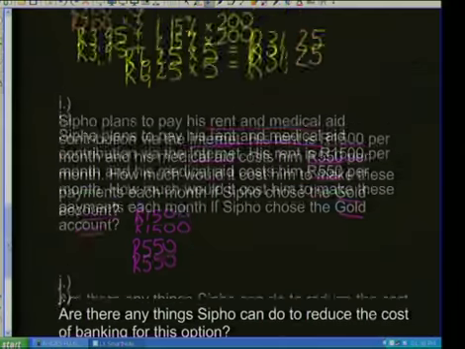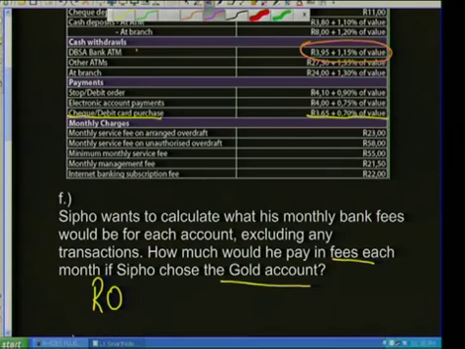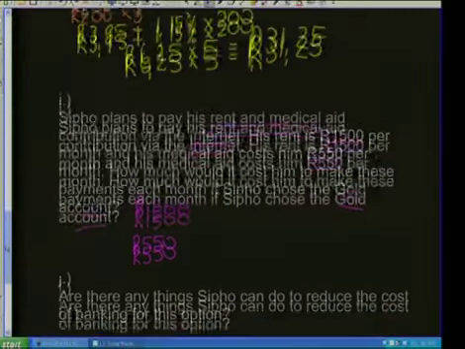So let's go find out what the rate is that he's paying for electronic payments. So electronic account payments, I'm going to change color here. Electronic account payments is there, and he's paying 4 Rand plus 0.75% of the value. So let's write that in.